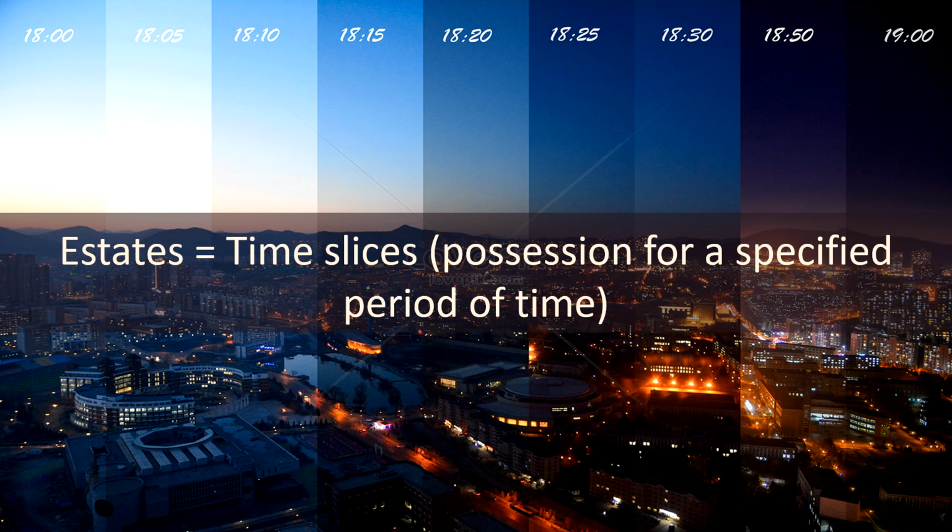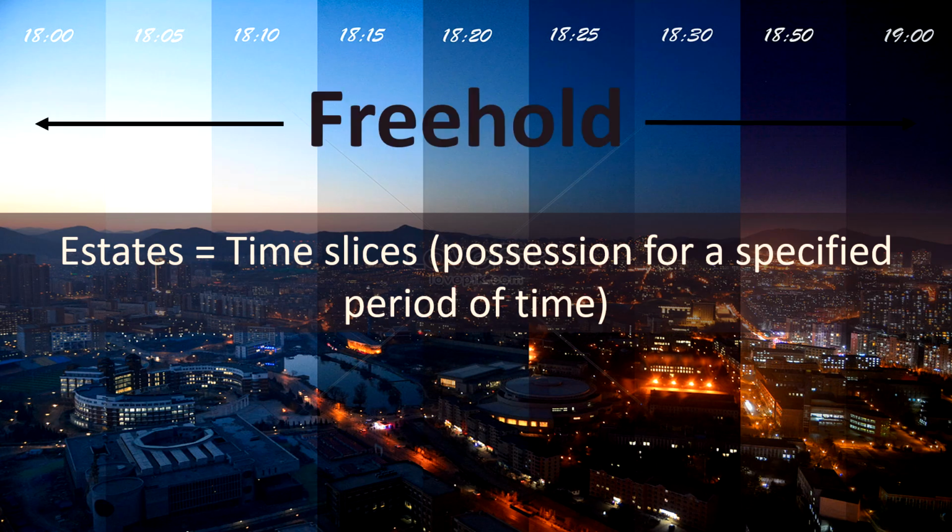So let's have a look again in a bit more detail with this idea that estates can be seen as time slices, where you have possession for a specified period of time. If you have a freehold, you basically own a very, very long time slice, basically forever.